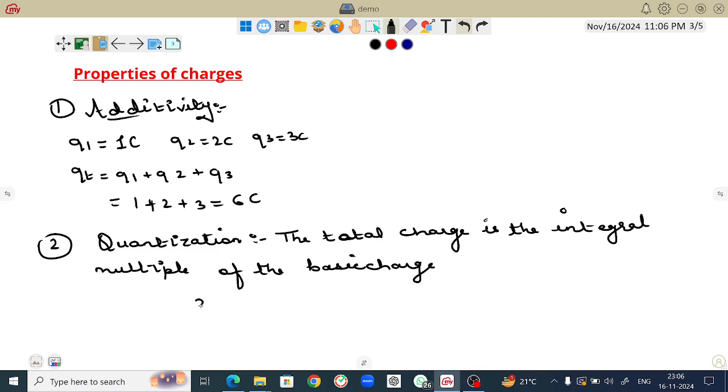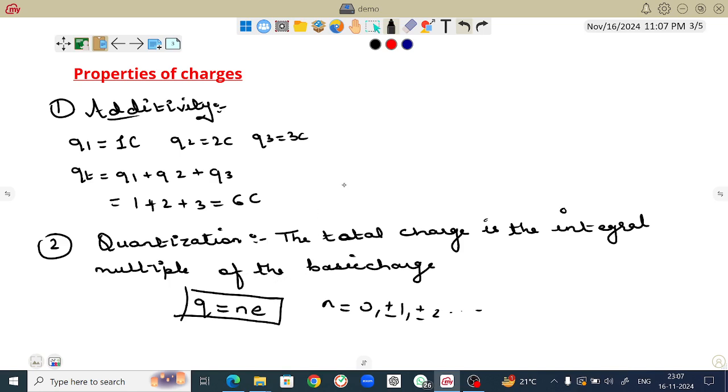Mathematically, Q equals N E, where N equals 0, plus minus 1, plus minus 2, etc. That means during rubbing, only integral multiples of charge are transferred. The charges are transferred in discrete amounts, not in a continuous amount.